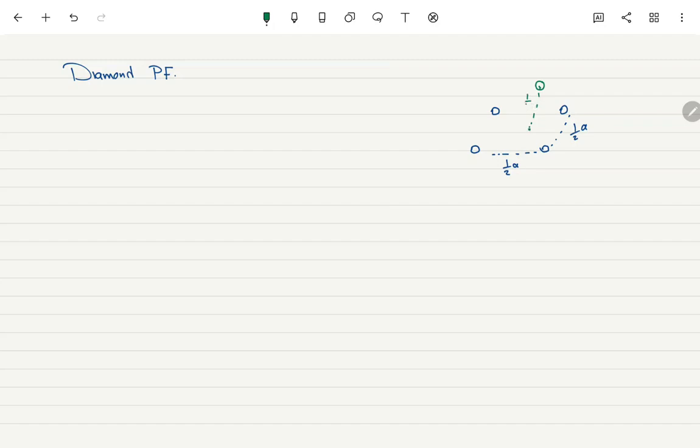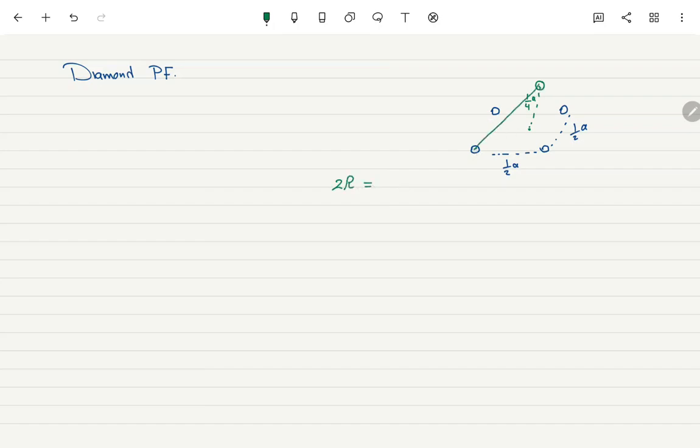So the distance here is 1/4 A. Now this blue atom here is in contact with the green one here, so 2R in this case, this is 2R, equal. Now this diagonal here.